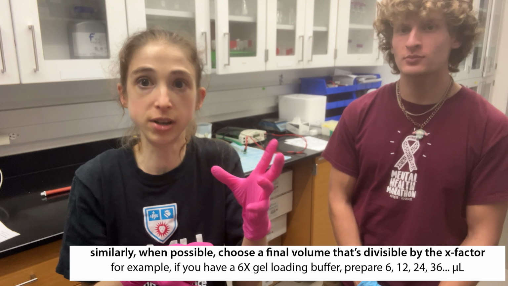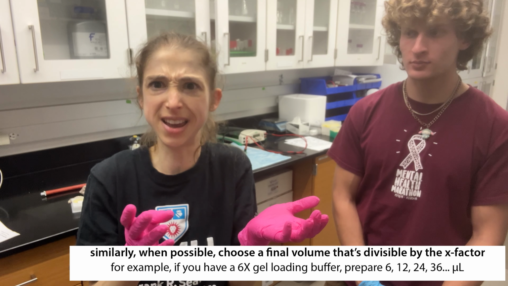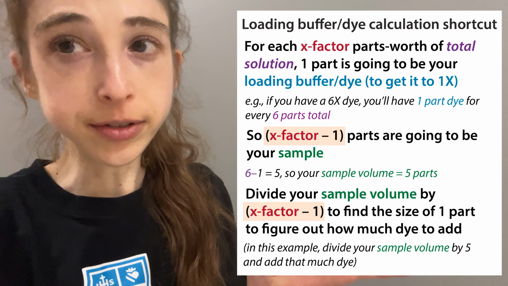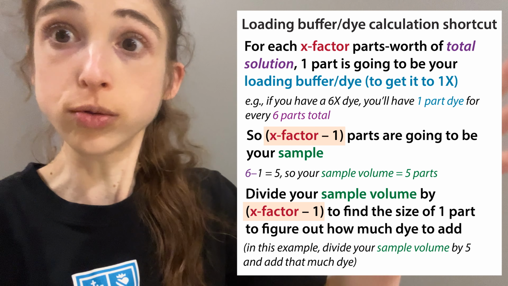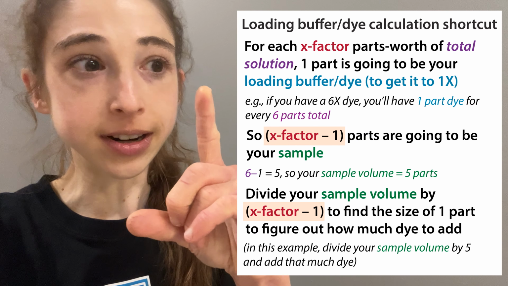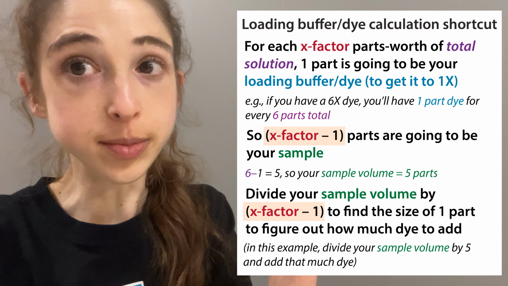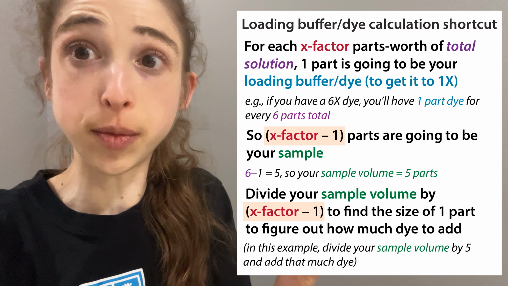But what happens when you want to do like 9 and what do I add? So if you have a 6x buffer, that means that for each 6 parts of your total solution, 1 part of that is going to need to be your buffer, and then the 5 parts are going to be your sample. And so now you just need to figure out what's the size of a part.